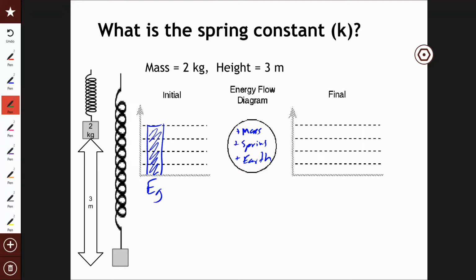At the very bottom, though, when it's stopped, what types of energy do I have? Elastic potential energy. But it's at the very bottom, so there's not going to be any gravitational potential energy. So it looks like all of our energy is going to be elastic potential energy.